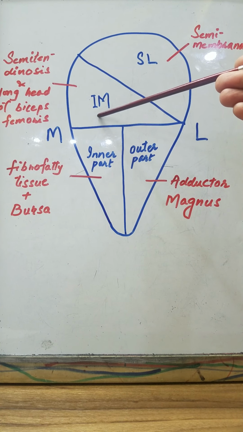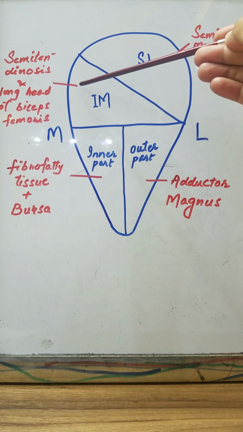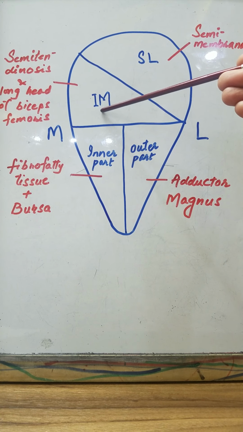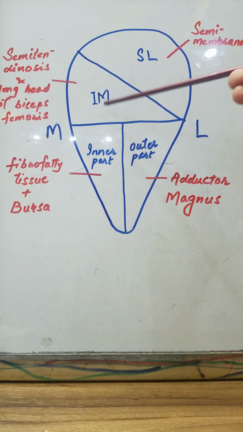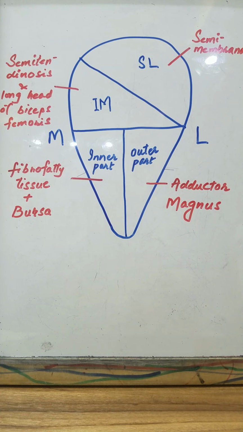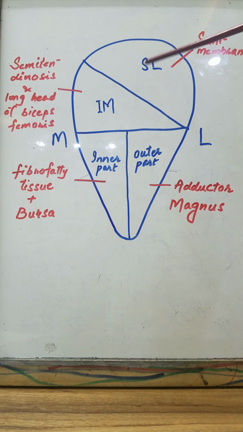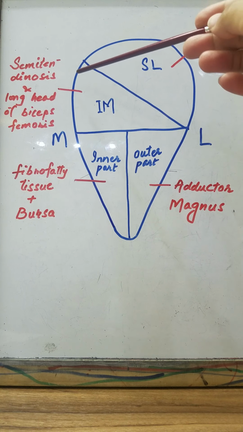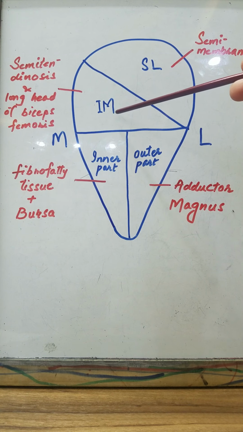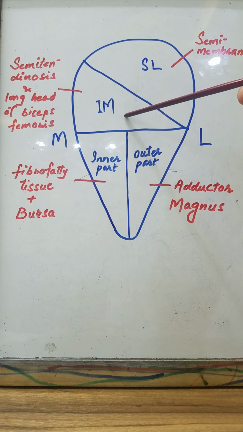In the inframedial part, you have semitendinosus and long head of biceps femoris muscle. Both of these muscles are also hamstring muscles. So the inframedial part has the semitendinosus and the long head of the biceps femoris.